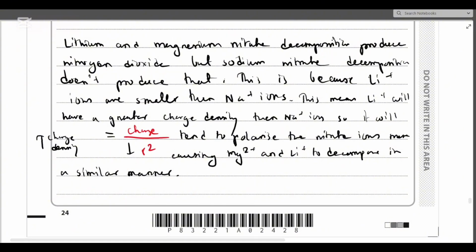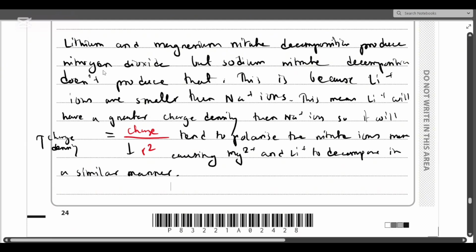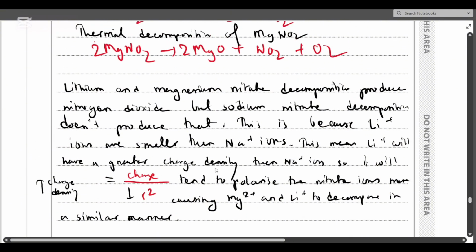So that is the reason why, due to the higher polarizing power of lithium ions and magnesium ions compared to sodium, both of them will decompose and produce the products in a similar manner.